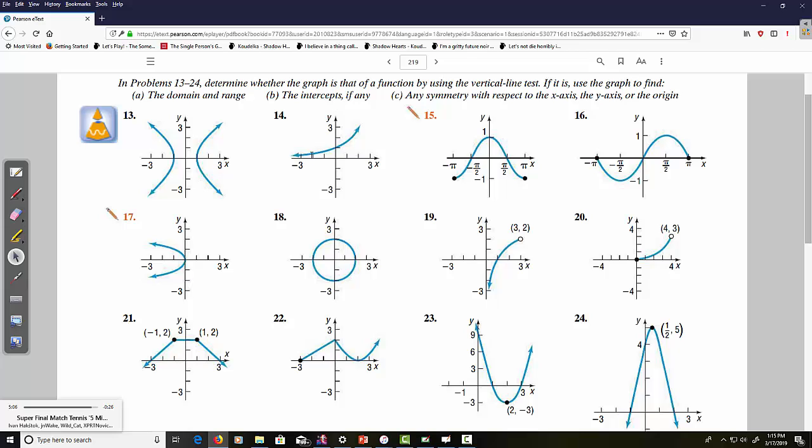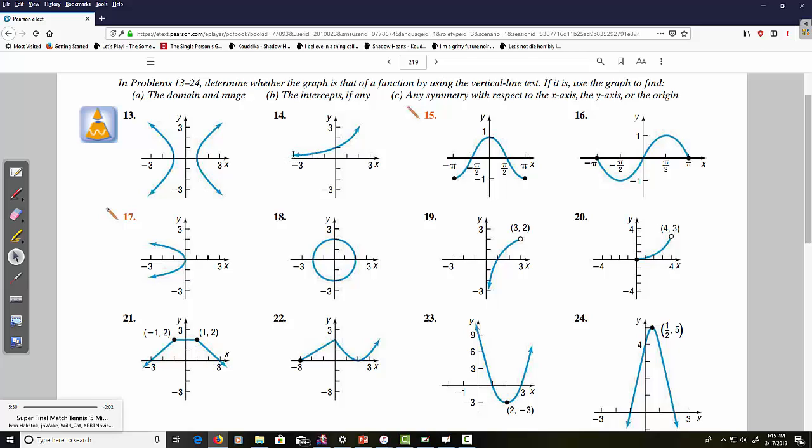14 looks like wherever you draw a vertical line, you would only hit it once, so I would call this a function. Domain and range looks like it doesn't really ever stop going left or right, so -infinity to +infinity. The range, well, the y values, I don't know there. It looks like it might be just kind of leveling off at 0.